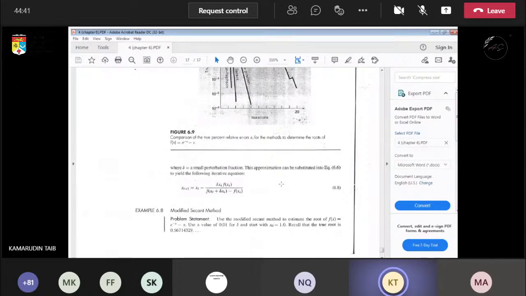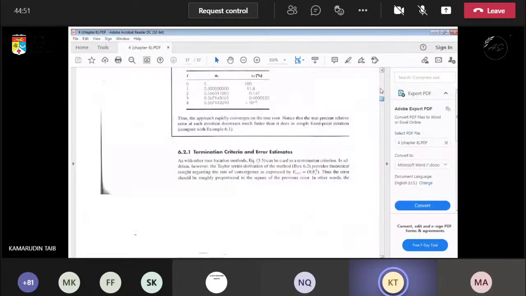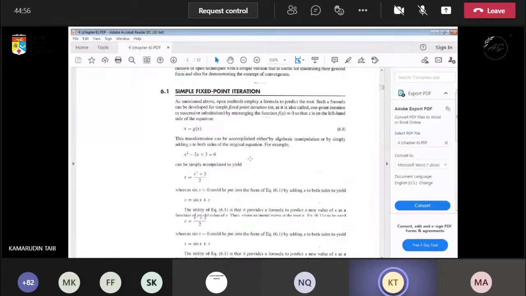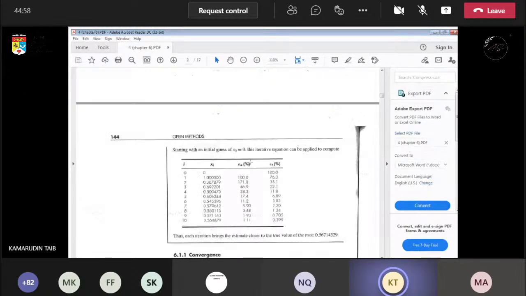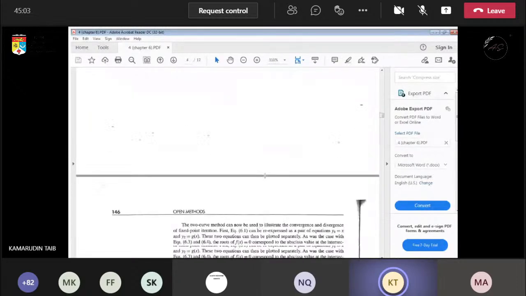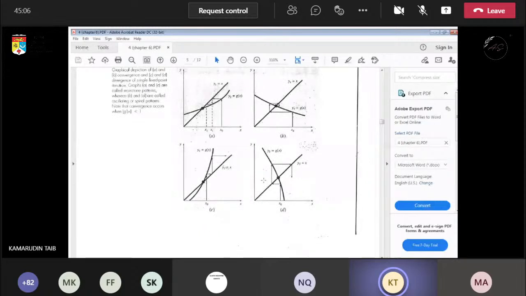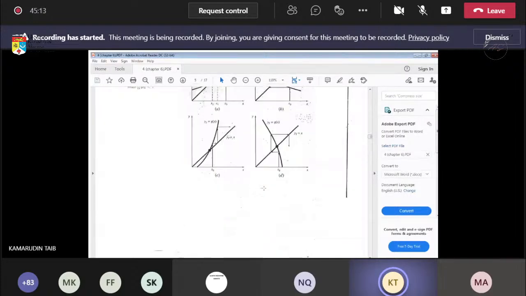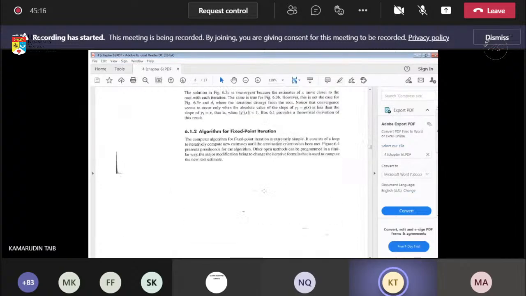So that is the complete, which is start with simple fixed point iteration and then Newton-Raphson, and then false position, which I'm going to upload in the video, and the false position and secant method and modified secant method will be on video.